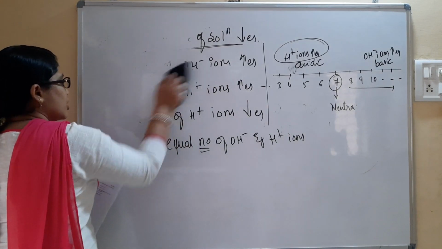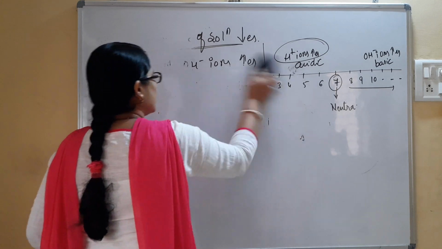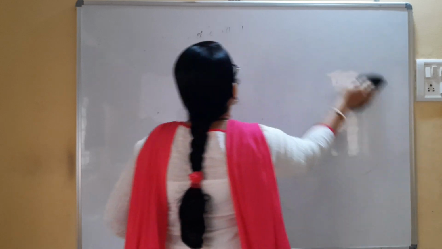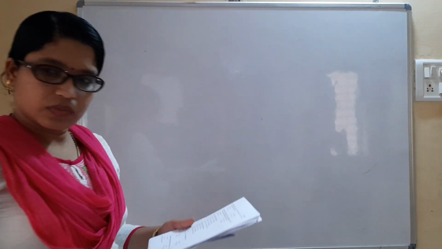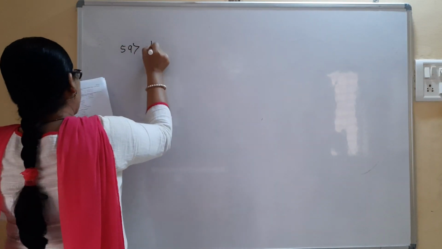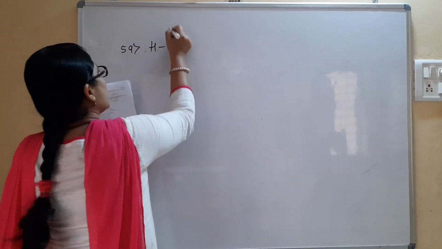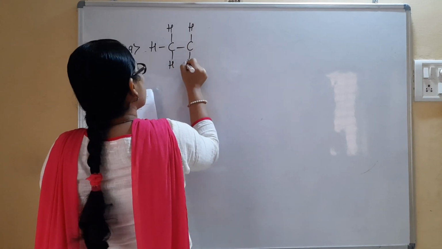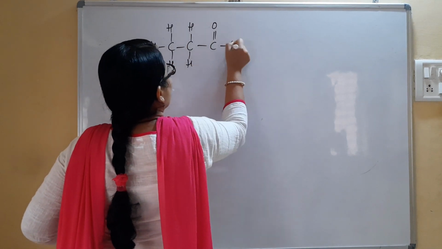Moving to the next question, we need to understand. The 59th question gives one molecule: H, CH, H, CH, C double bond OH.